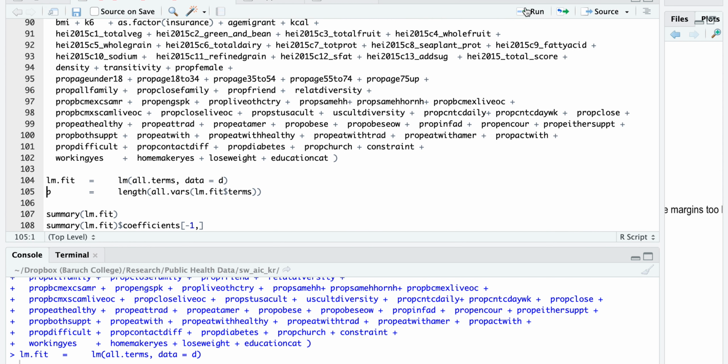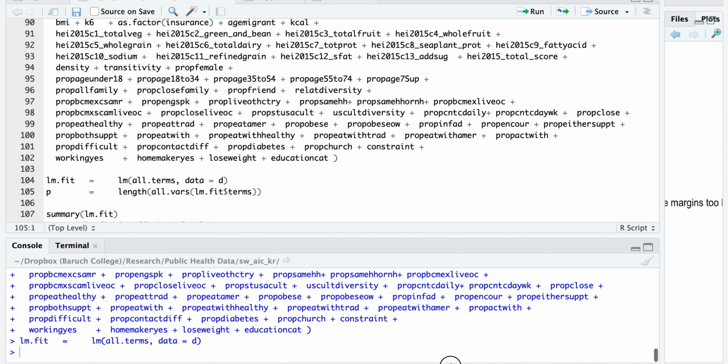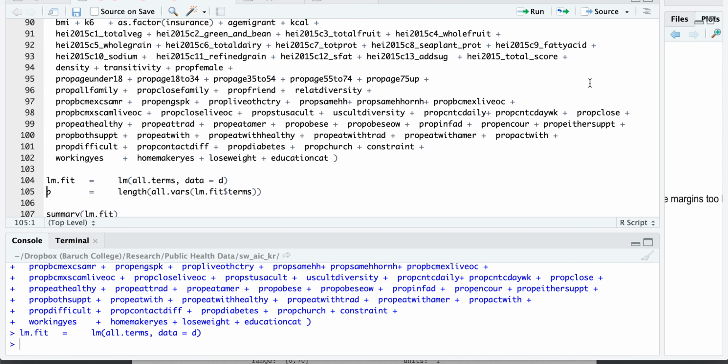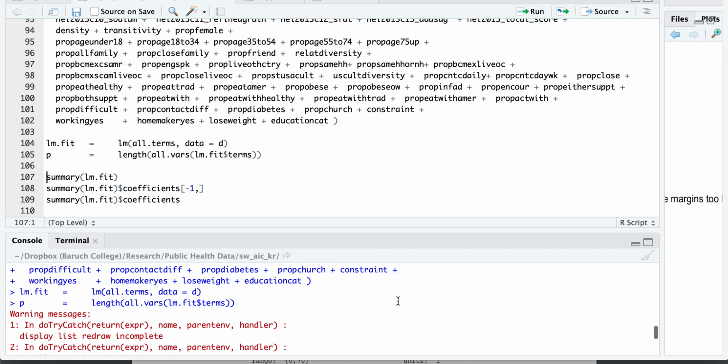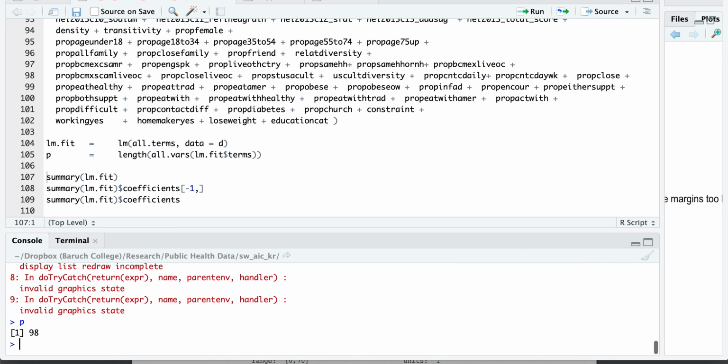So I just try to do a regression fit, and we have 98.